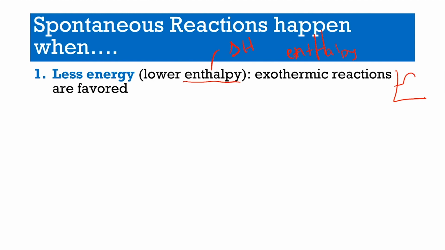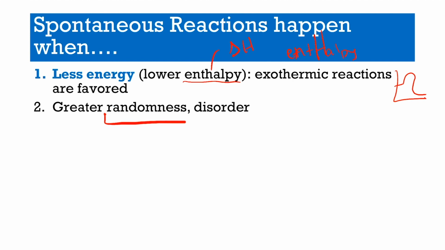On that PE diagram, you're ending a lot lower. Another thing that is favored is greater randomness or disorder. Randomness and disorder is essentially what this video is focusing on, and that gets a fancy sciencey name that we'll talk about on the next slide.